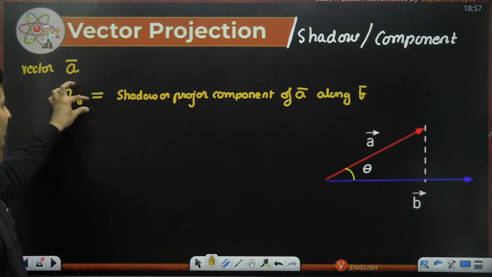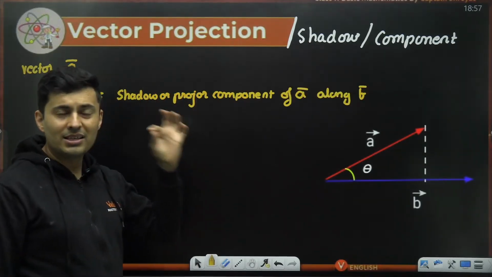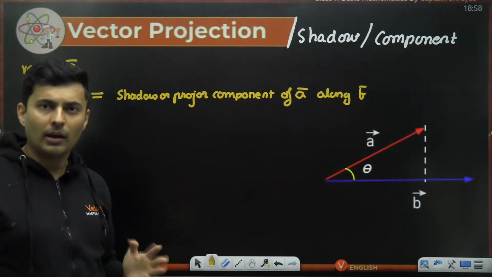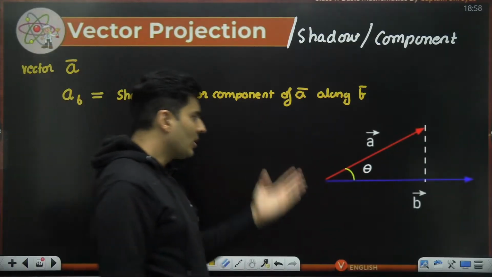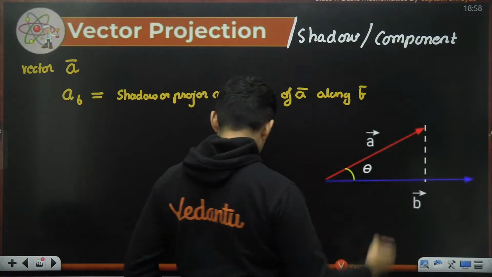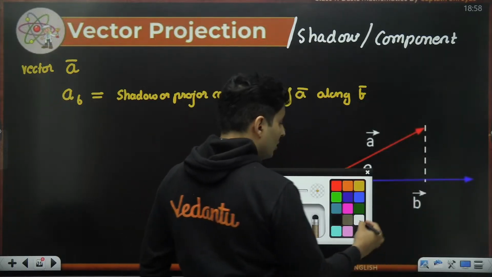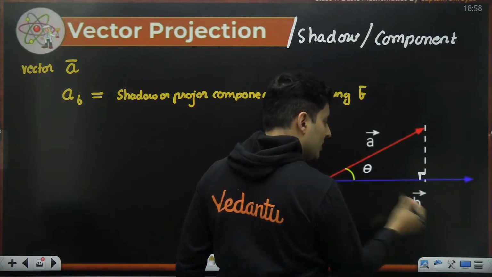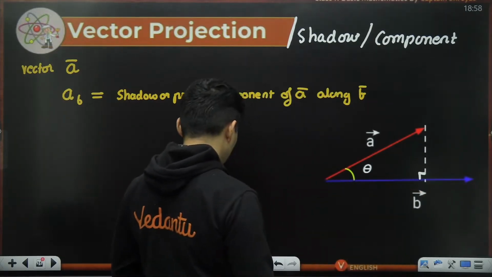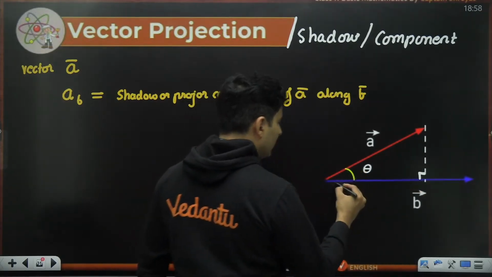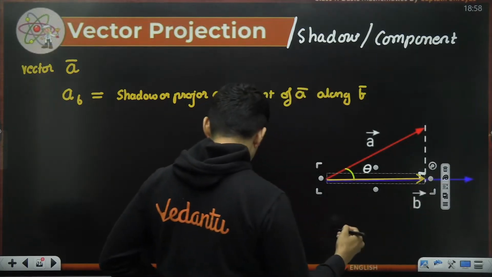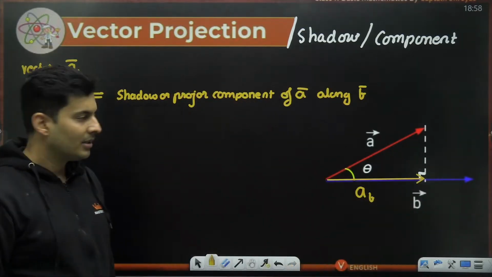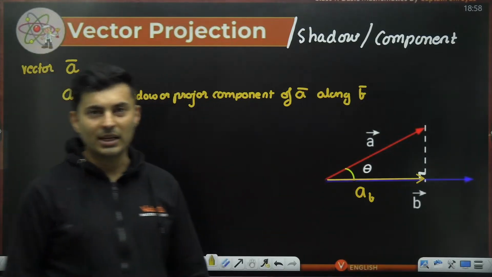Same way, A of B means how much is A along any random direction. So again, you draw a dotted line which is perpendicular to the line along which you want to find the component. So naturally, this much will be nothing but A of B, which is what you need. That is nothing but A of B.